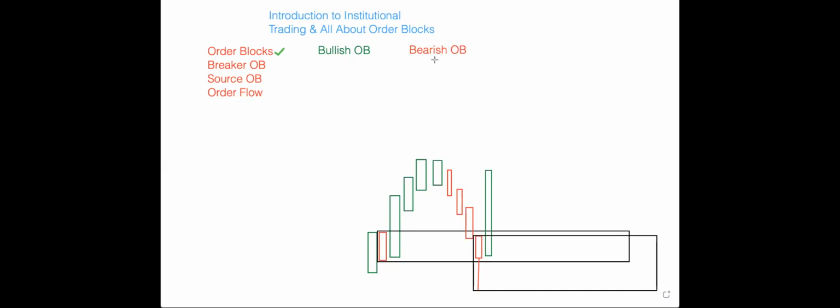Let me repeat. As I said, the order block is like that. When we have a bearish candlestick down, and we can see another bullish candlestick engulfing, covering the previous candlestick, then the previous candlestick from the lowest to the highest is going to be the order block.